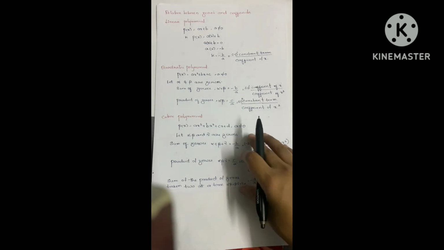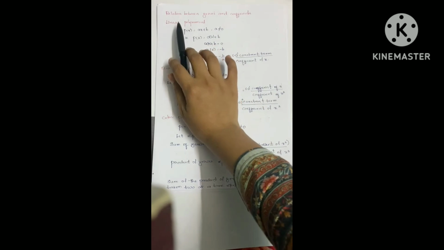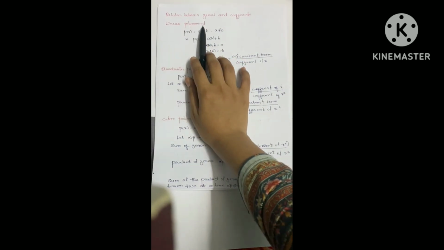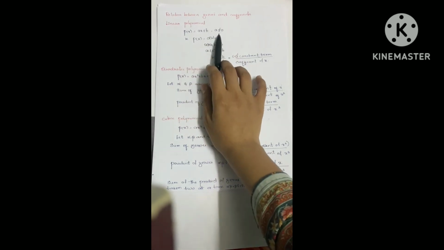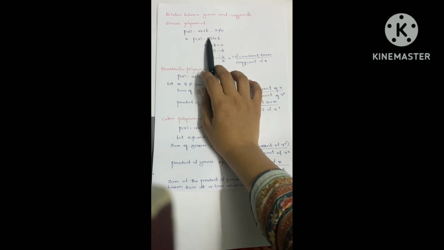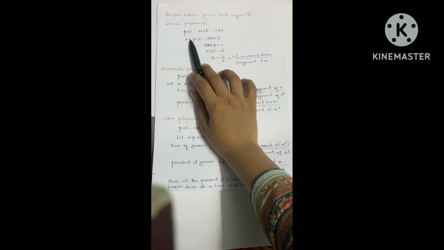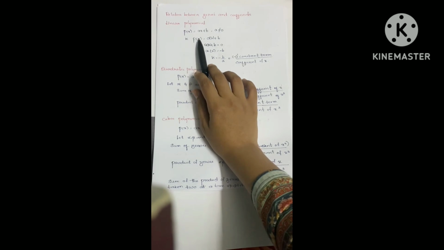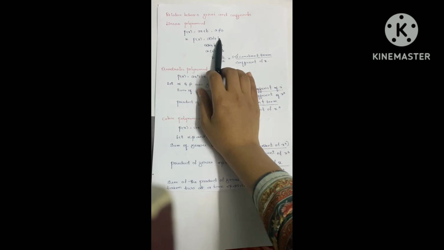First is the linear polynomial. The standard form of the linear polynomial is p of x is equal to ax plus b, where a is not equal to 0. Now what is the zero of the polynomial? Let me assume it as k. Here k is the zero of the polynomial, so we'll replace x by k here. So p of k is equal to a of k plus b.